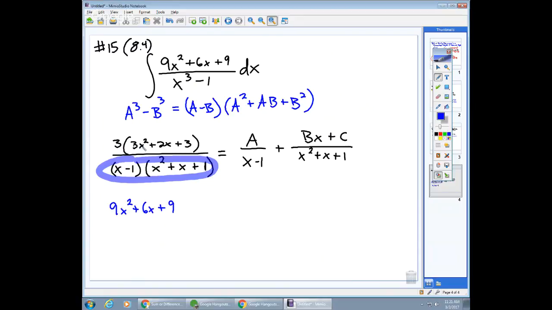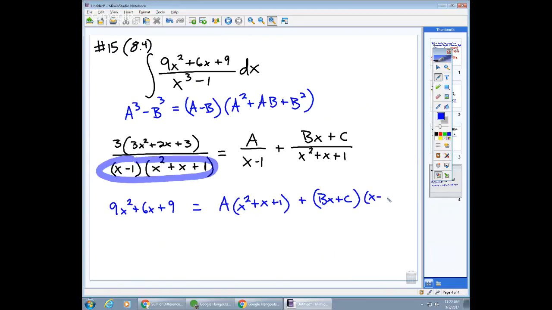I don't see the benefit of having that 3 factored out at the moment. And that's going to be equal to A times the other factor, x squared plus x plus 1, and then plus Bx plus C. The factor of x squared plus x plus 1 will cancel, leaving the factor of x minus 1 behind.